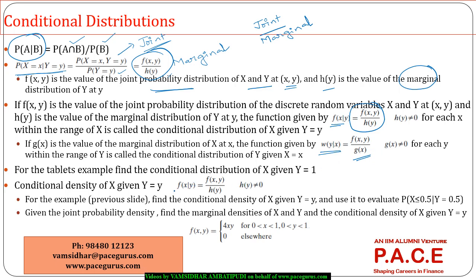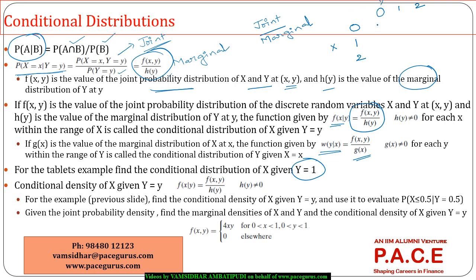So we can use the same tablets example that we used, finding the conditional distribution of x given y equal to 1. Just reiterating the values, x is the set of capsules associated with aspirin, and y is with respect to sedatives.